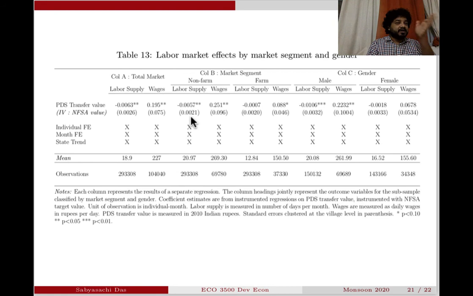But the moment there is an increase in entitlement, they withdraw their labor from there, and that's where you see the wages going up by a lot, by 25 rupees for every 100 rupees increase in transfer. What is interesting is that for the labor supply reduction in agriculture, there's pretty much zero effect, but you see the wages going up by 8 rupees.